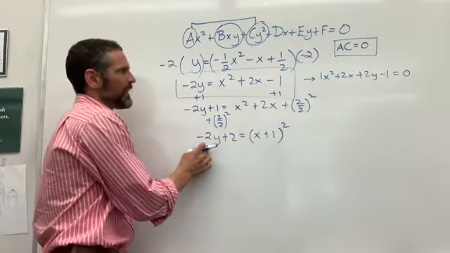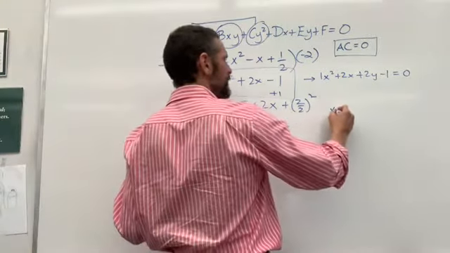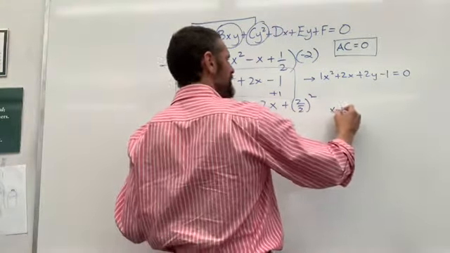If I'm going to put this in the x minus h squared equals 4p times y minus k form, I want the coefficient of y on the inside of the parentheses to be 1 as well. So what can I factor out of there to make that happen? A negative 2. Leaves me with y minus 1, is equal to x plus 1 squared.